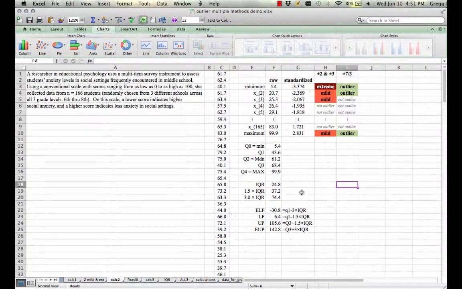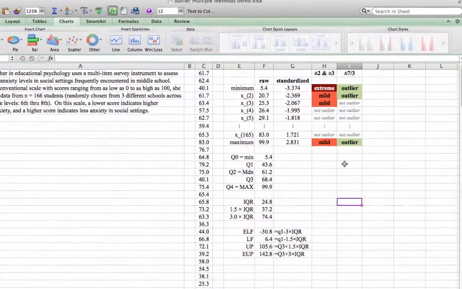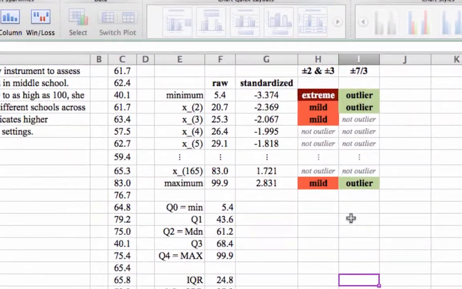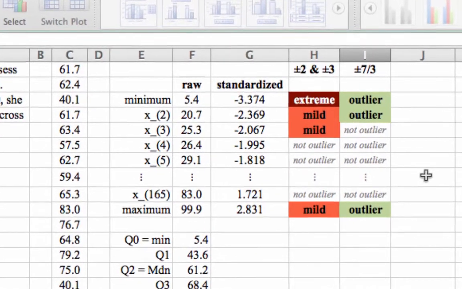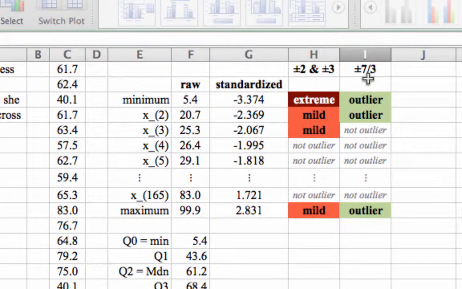The next strategy, still using Z-scores, is to specifically say that a percentage of the values, for example, the uppermost 1% and lowermost 1% of values in a normal distribution would be considered outliers. From the empirical rule, that's about plus or minus 7/3 of a standard deviation.